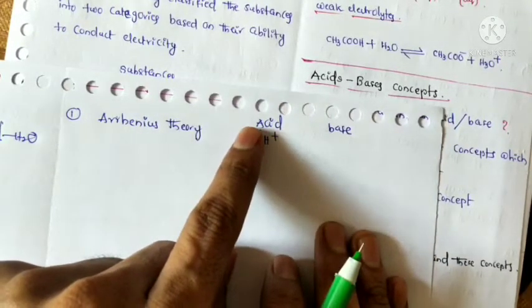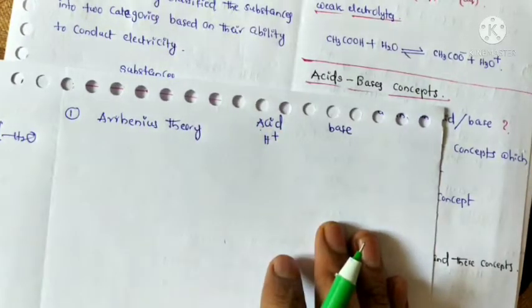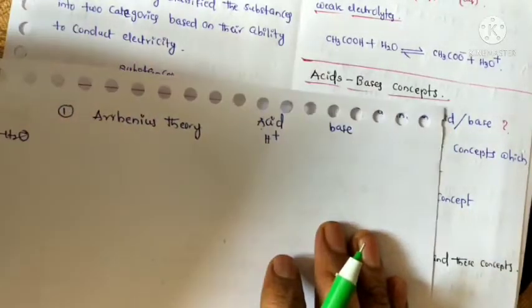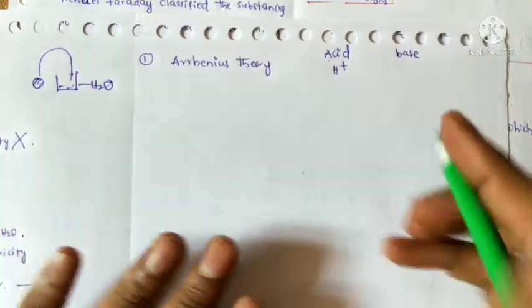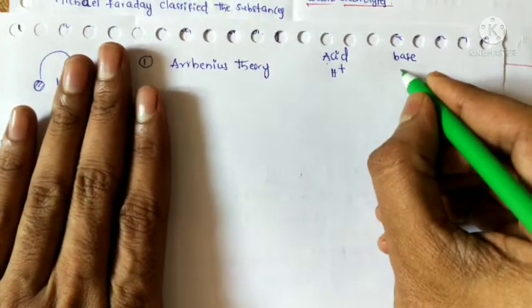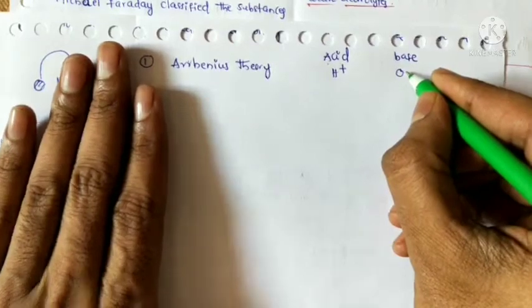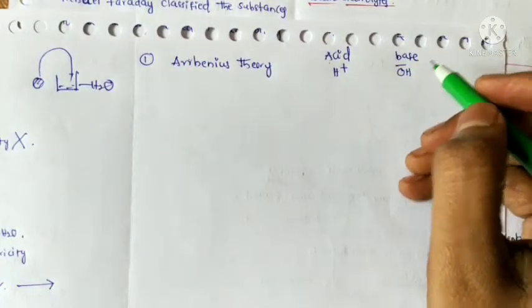What is the definition of acid? A substance that dissociates in water to produce H plus ions is called an acid. A base dissociates in water to produce OH minus ions.